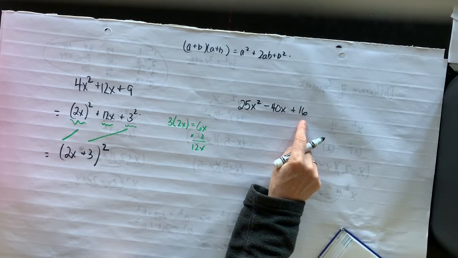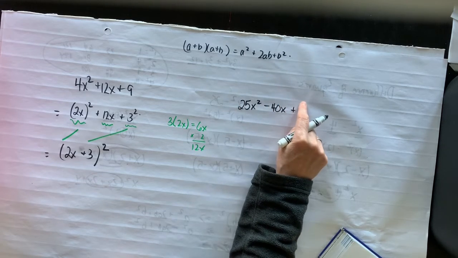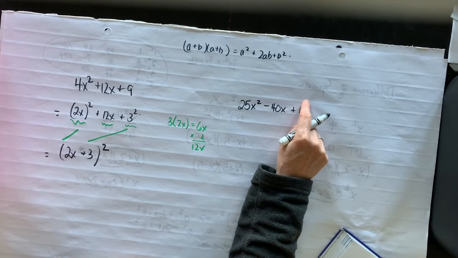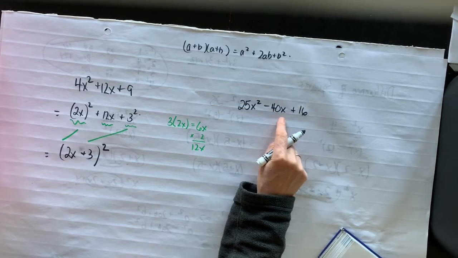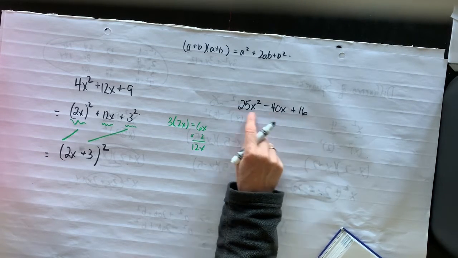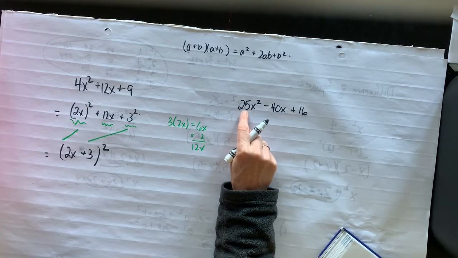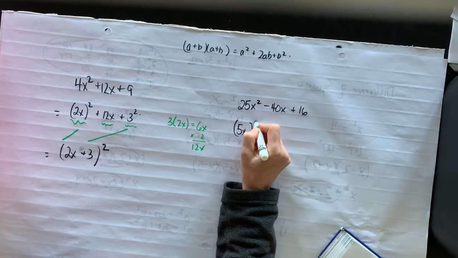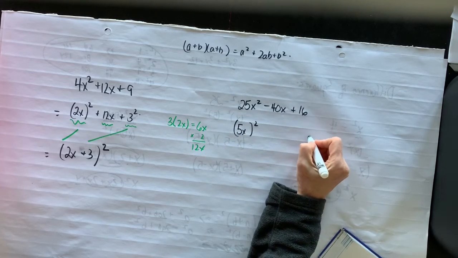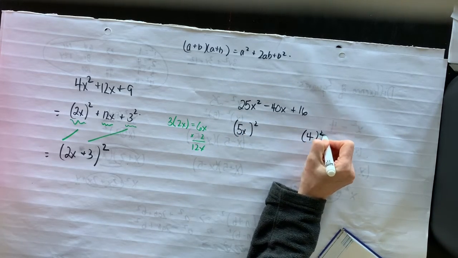I could do this using decomposition. I could look for 2 numbers which multiply to 25 times 16 and add to negative 40. But right away, because I'm talking about special cases, I look at this and say, well, this is a perfect square. 25x squared is the same as 5x squared. And 16 is the same as 4 squared.